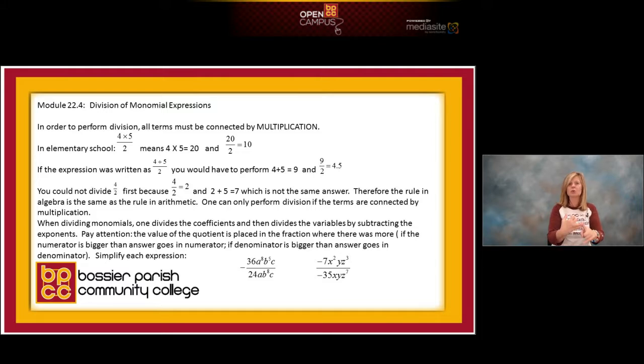So if it's in the numerator, the quotient goes in the numerator. If it was in the denominator, the bigger quotient goes in the denominator. We've learned that if we have an exponent of 0, we replace that with the term 1. And now we've learned before we even start the division process, we better make sure everything is connected by multiplication. All right, let's try some examples in the next video.